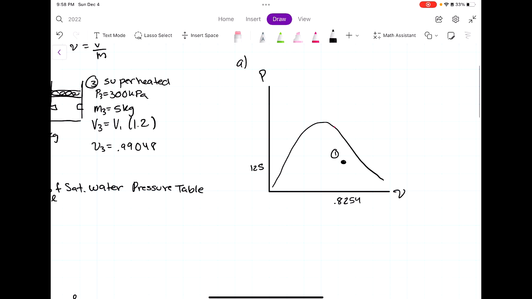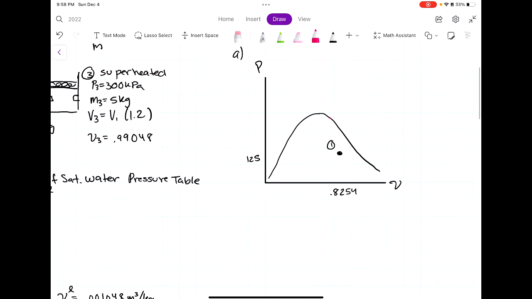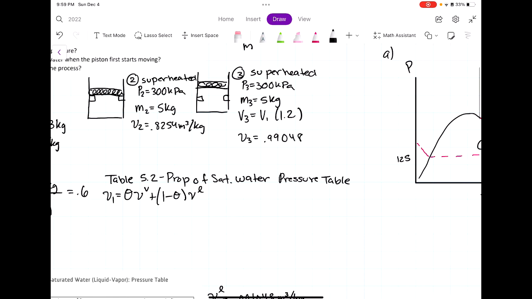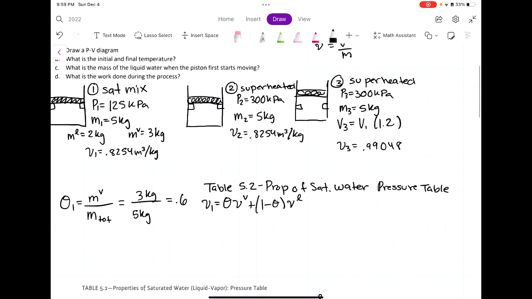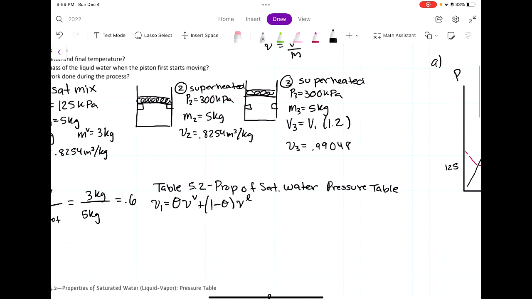Now I'm going to work on my state 2. And this is at some temperature, right? I don't know what the temperature is just yet, and I'm probably going to have to figure that out very soon. Then in my state 2, we see that the pressure changed, but the specific volume remained the same, right?